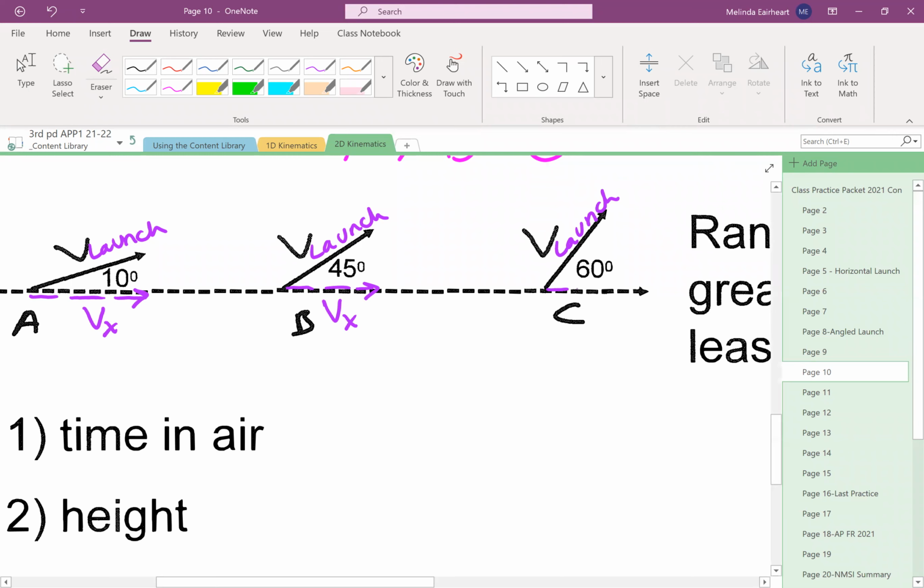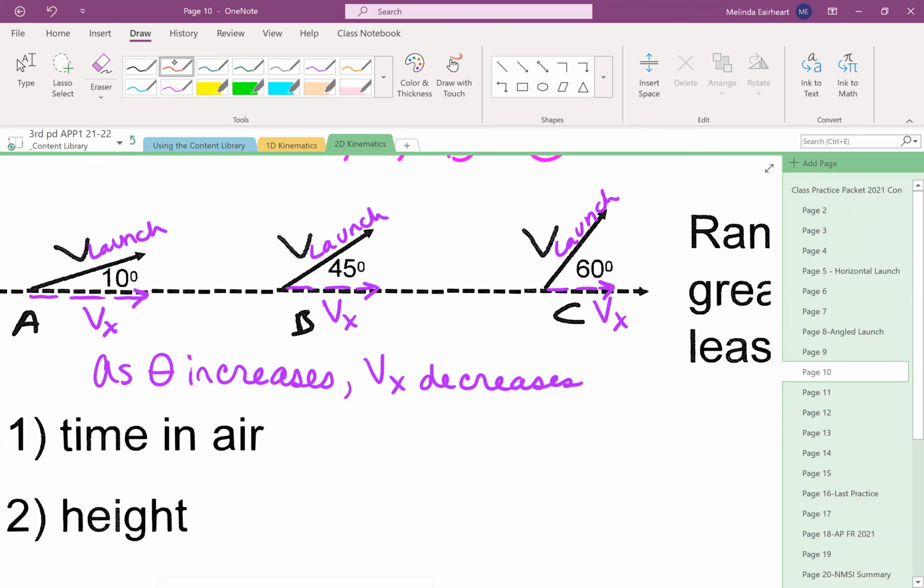And then C at 60, we're getting even further from the horizontal, so it'll have the smallest horizontal. Everybody good there? So as angle increases, get a little trend going. As angle increases from 0 to 90, Vx decreases.